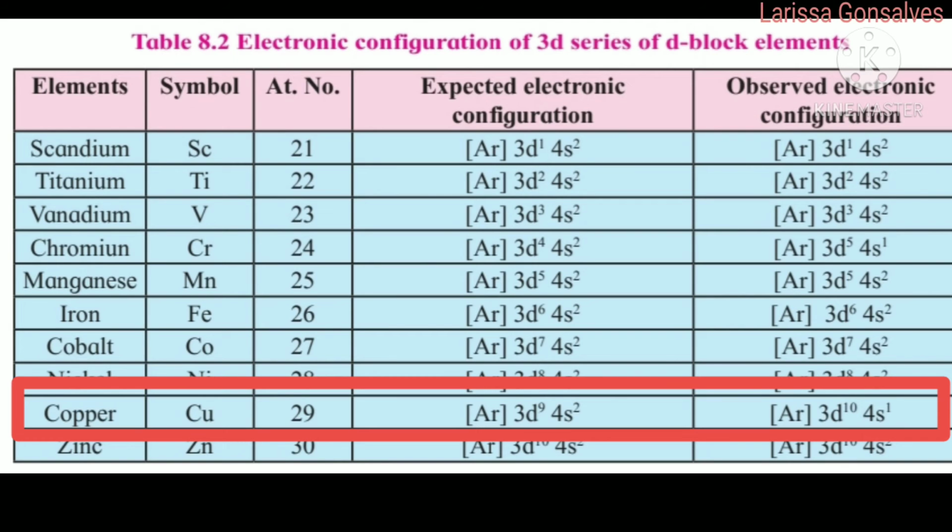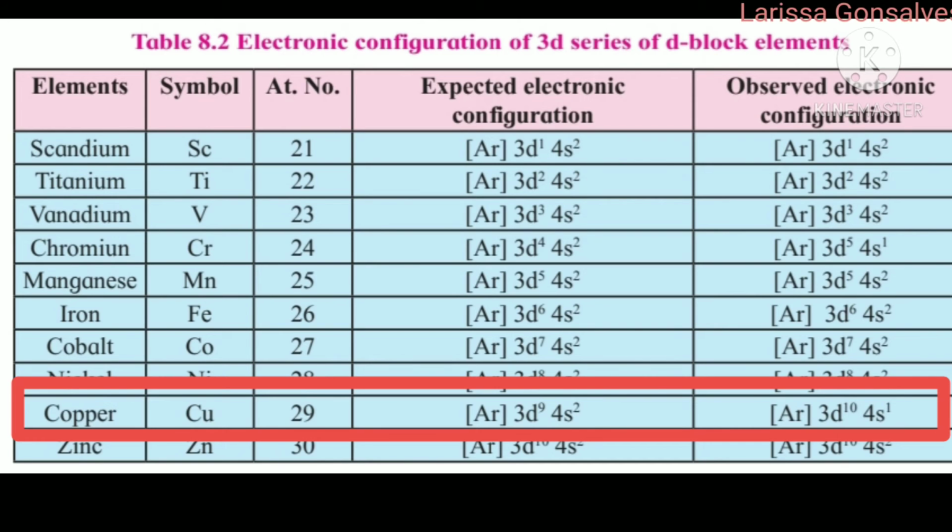Now, from the expected electronic configuration, if I remove those two electrons, which will give us an oxidation state of +2, we will be left with an electronic configuration of 3d9. Hence it is partly filled, and that is why copper is considered as a transition element.